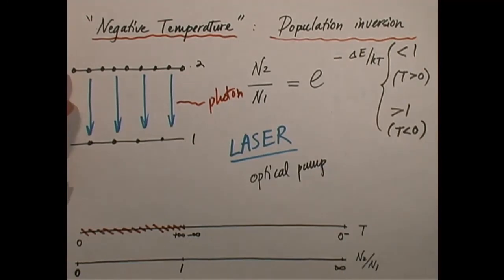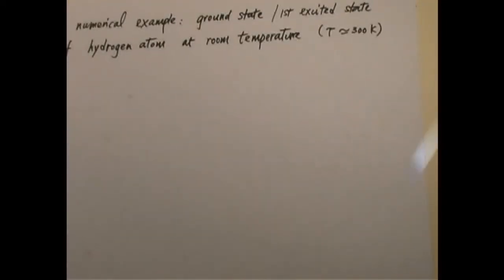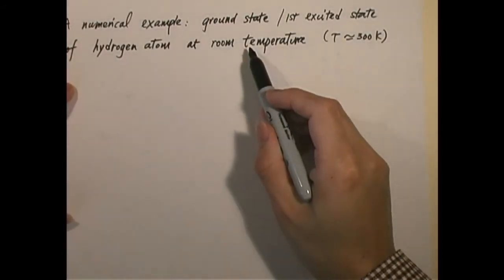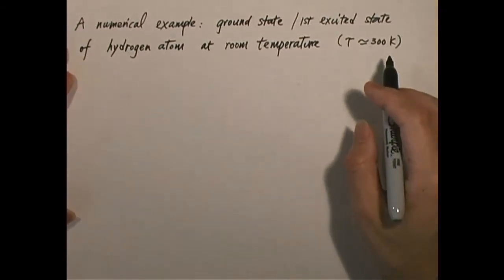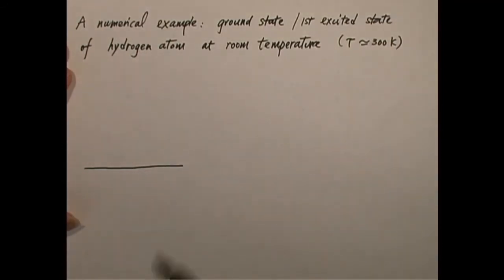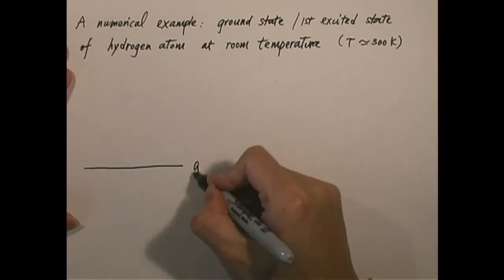All right, now let's look at a numerical example on what kind of relative population numbers we can expect at a given temperature. Suppose we're looking at a real atom, the hydrogen atom. Hydrogen atom has the lowest energy level, that is what's called the ground state.